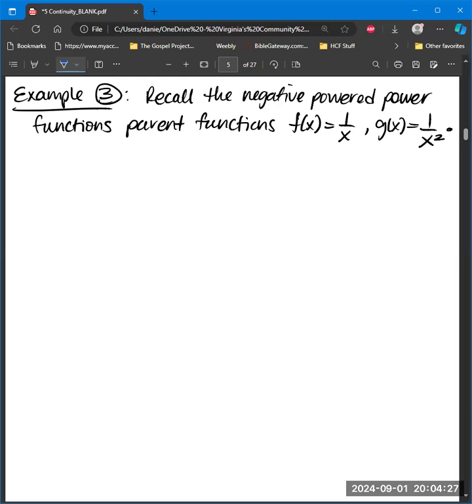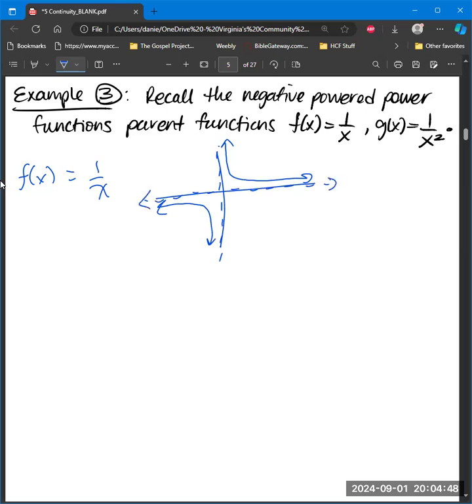So we're going to look first at f of x is equal to 1 over x, the reciprocal function, which looks kind of like this. Not the best at drawing it, but you should have it in your parent graphs, your library of functions in your book. And you can go back and look at the pre-calculus videos if you would like to see some more on that.